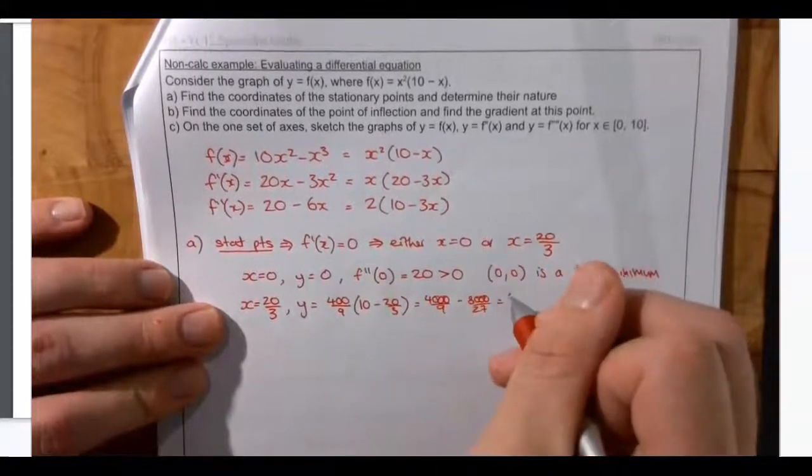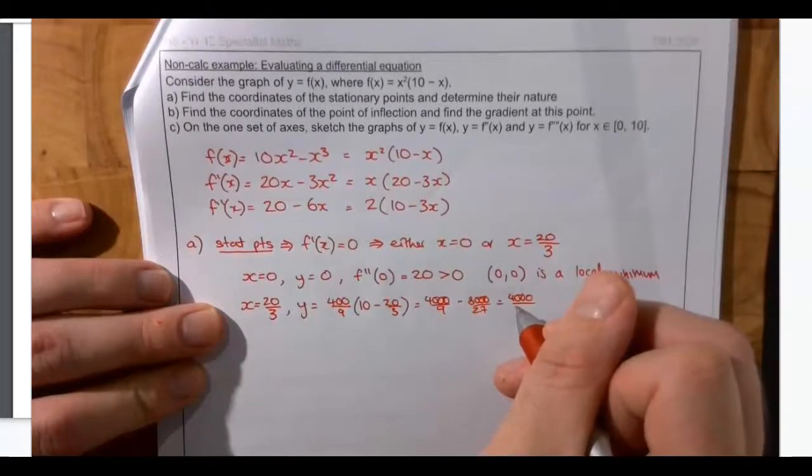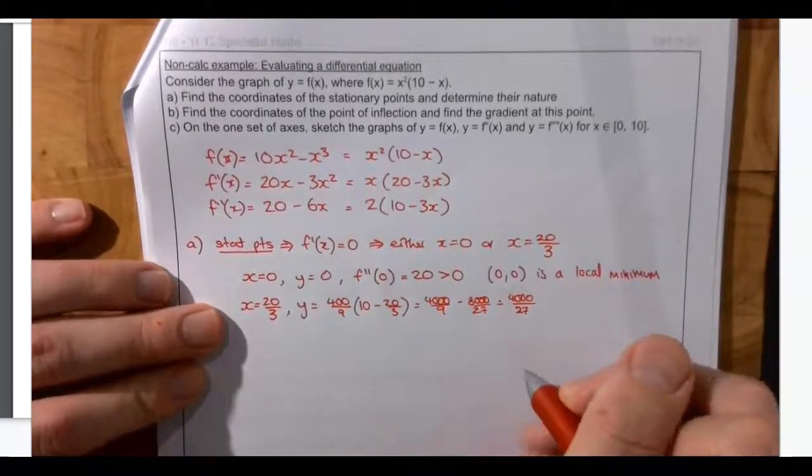Multiplying by 3 is going to give me 4,000 over 27 when I do the subtraction.